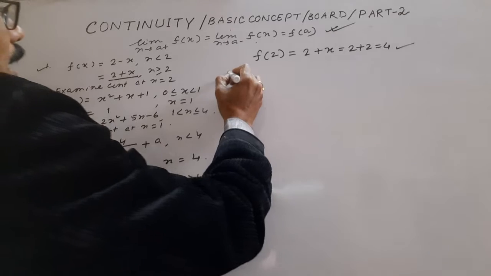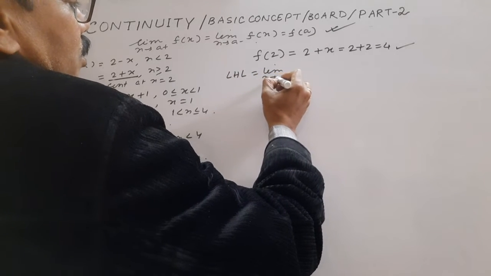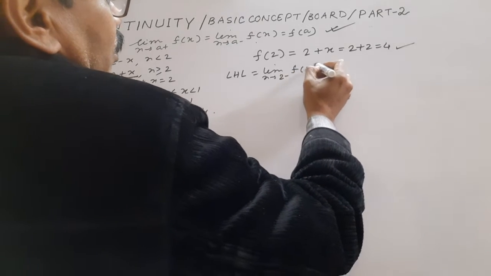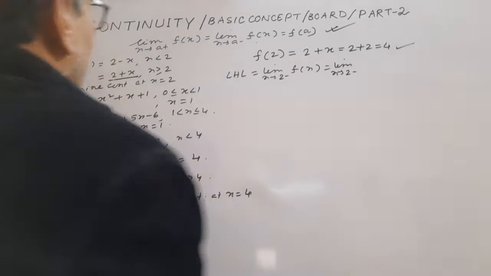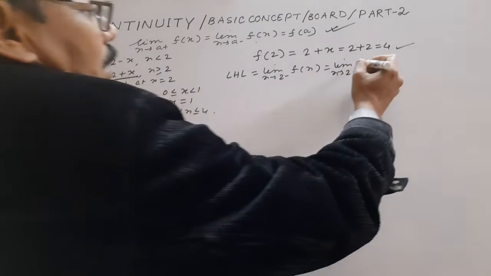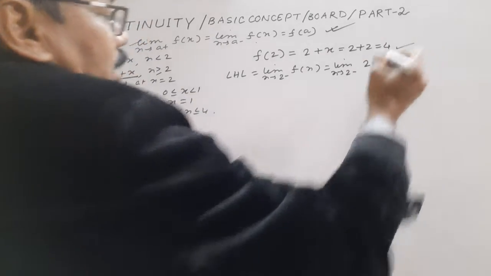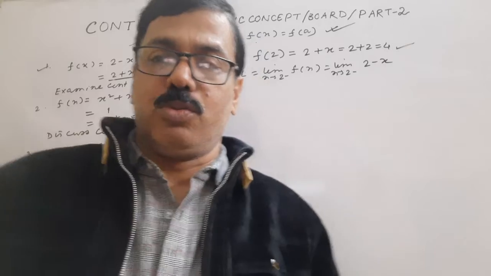Then, left hand limit equals limit x tends to 2 minus f(x). Look, 2 minus, that is less than 2. So, what is f(x)? f(x) is 2 minus x. Then you know 2 minus is very near to 2.